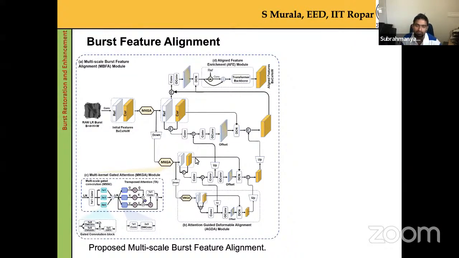Image registration means you have two images, and you need to identify the locations which are actually the same, so based on that you can align them. Even from the image stitching point of view, you need to identify the common region, and then you can stitch. In the image fusion case, if you want to fuse two images, again I need to identify. So image alignment or data alignment is a very essential task when you are comparing two images. It is very challenging when there is a misalignment between two consecutive frames in the burst video.